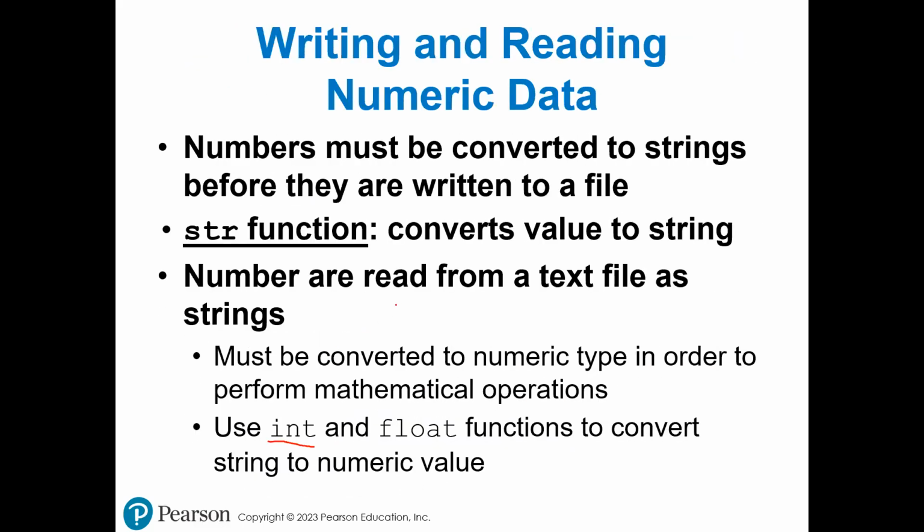Basically, you just need to put int and then put the string that you have retrieved inside of the parentheses. That's how it's going to work. Or again, float. Float is used for decimal numbers. Again, you will just put the string that you have retrieved from a file right here.